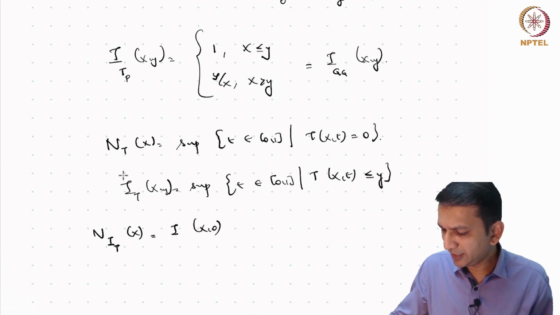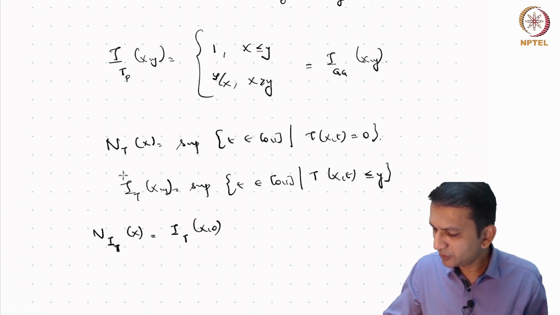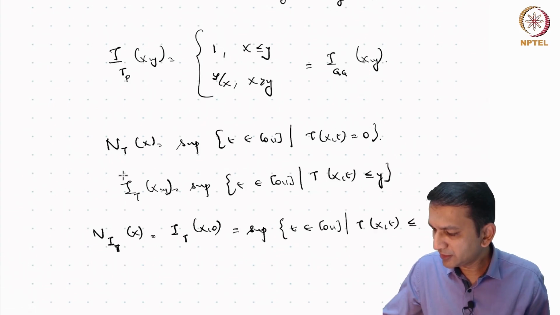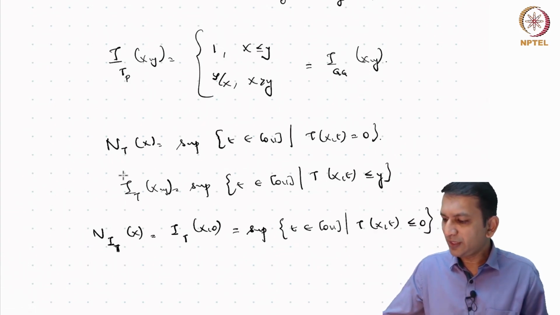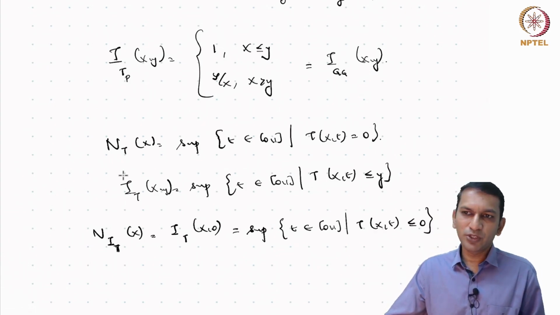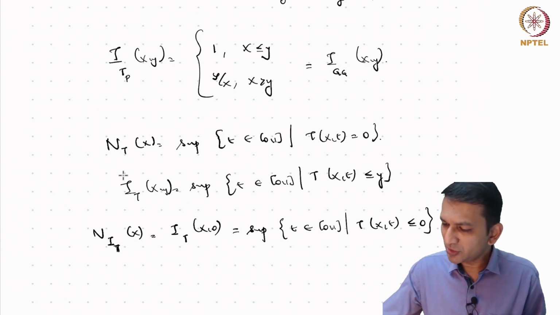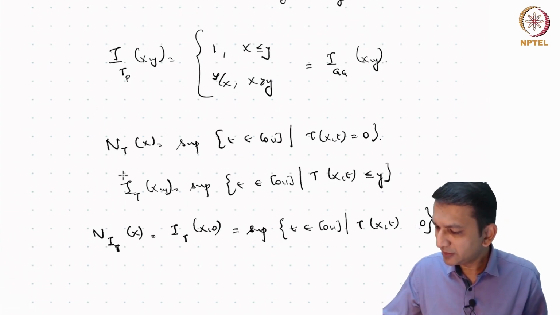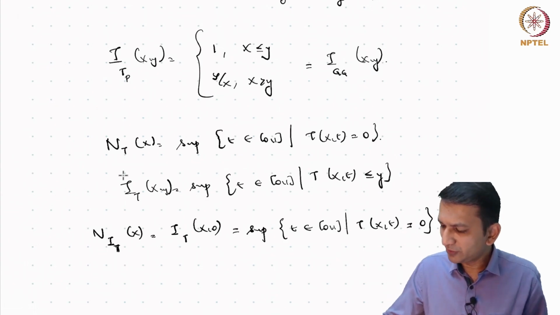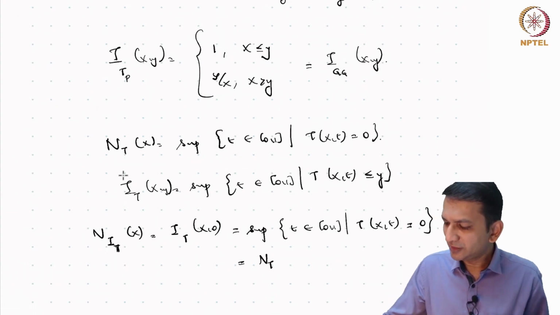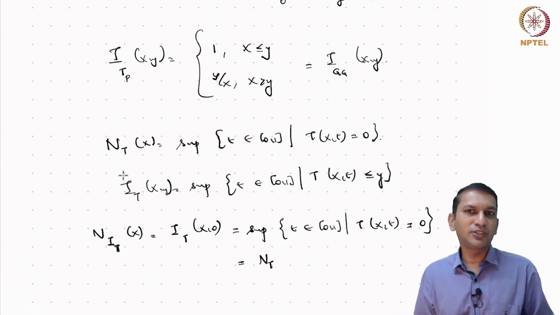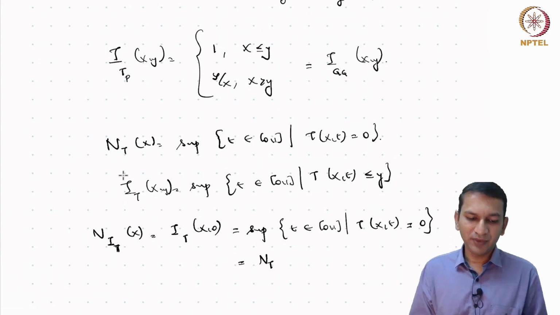So if it is I_T, then it is I_T(x,0), and what we get here is the supremum of all those t element of [0,1] such that T(x,t) is less than or equal to 0. We know that T is a mapping from [0,1] squared to [0,1], so the smallest value it can take is in fact 0, which means this can only be equal to 0, which essentially says this is nothing but the natural negation obtained from the corresponding T.